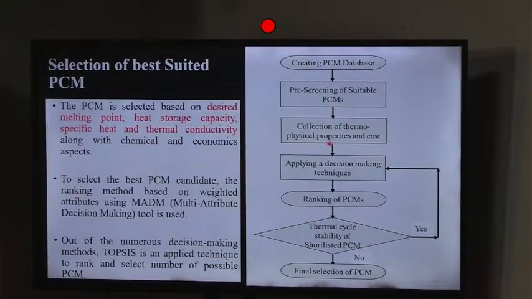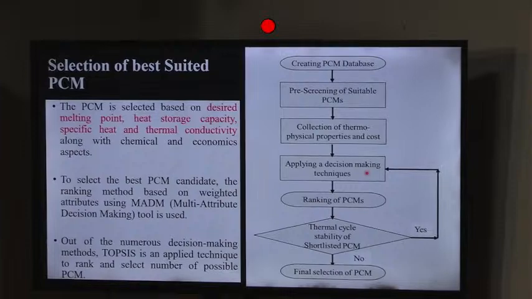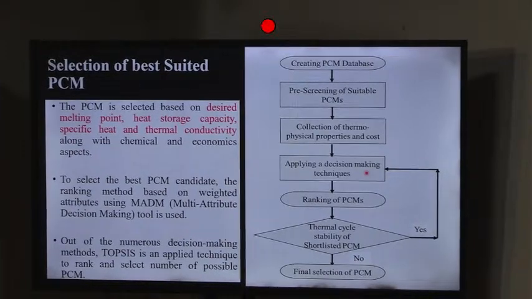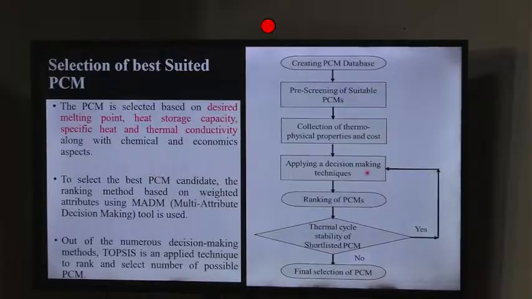We'll not go into the details of it. This is a bit on the operation research or mathematical side, where you give weightage to each of the properties which you have to decide upon to make the system more usable, to make the system smarter by utilizing some mathematical decision making, which is known as MADM.